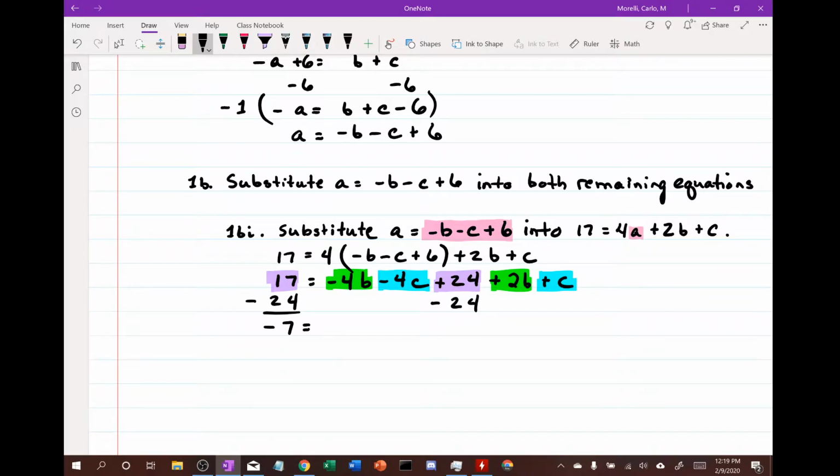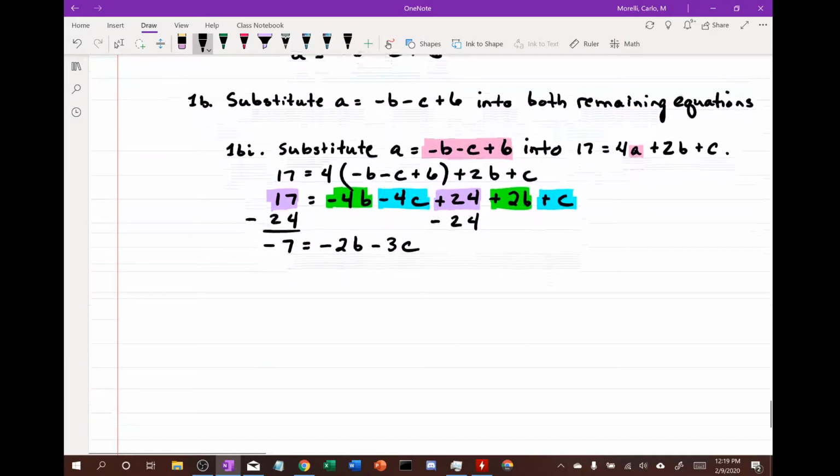Negative 4b plus 2b is negative 2b. Negative 4c plus c is negative 3c. So that is my expression after I substitute in the a value.